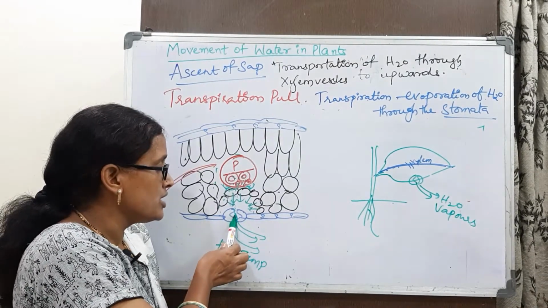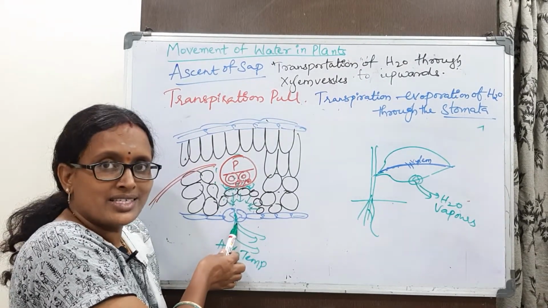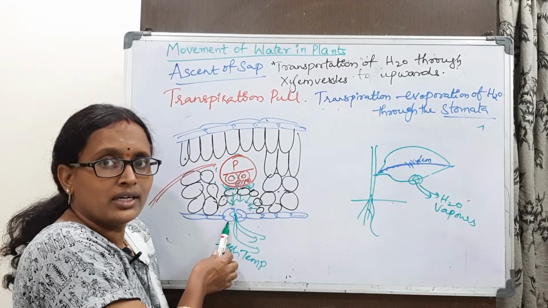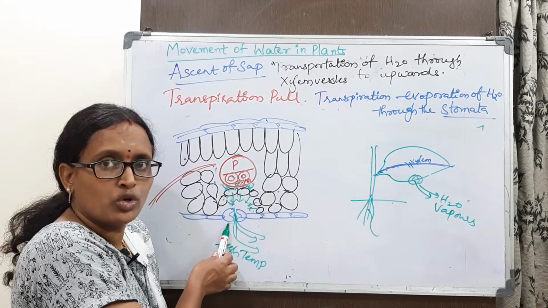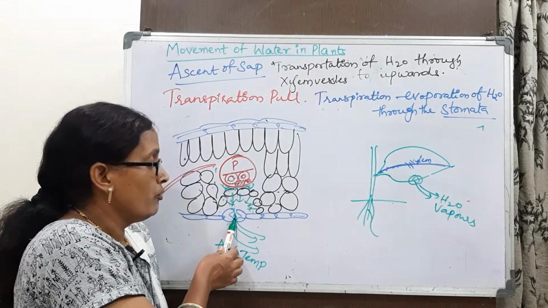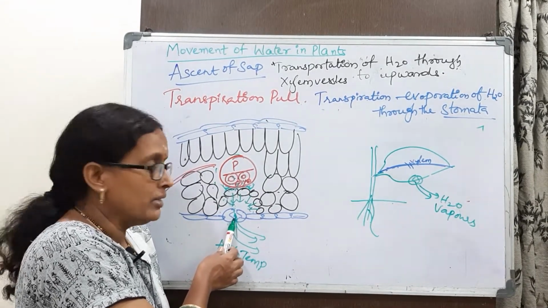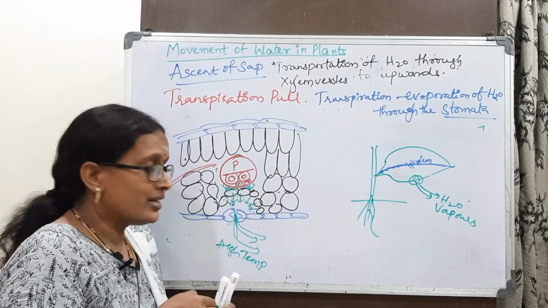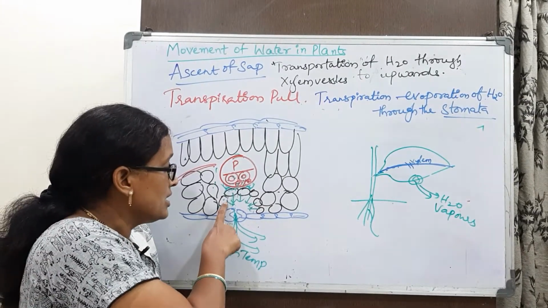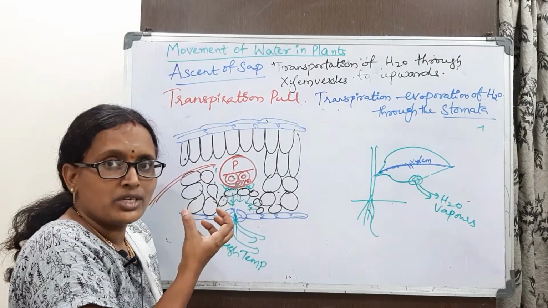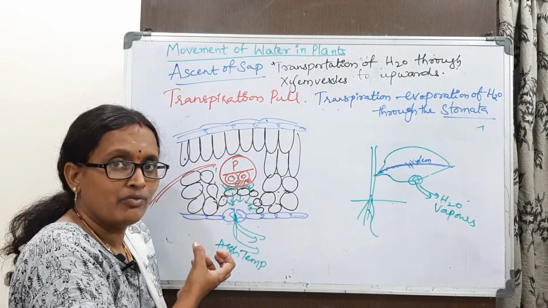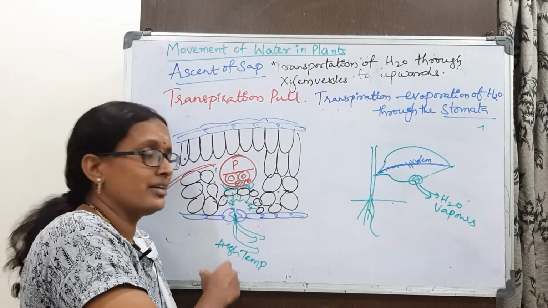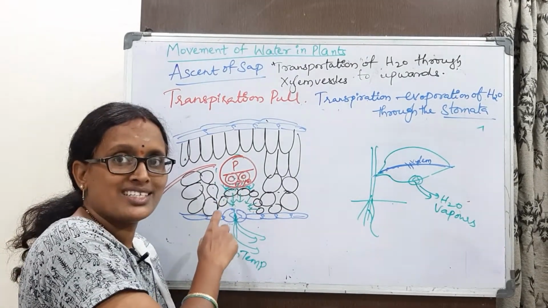Here what is happening? These are the pores. The stomata is open during the daytime. When it is open and the temperature is high, it loses water. When it loses the water, the mesophyll cells' osmotic pressure is increased and the diffusion pressure deficit is decreased.